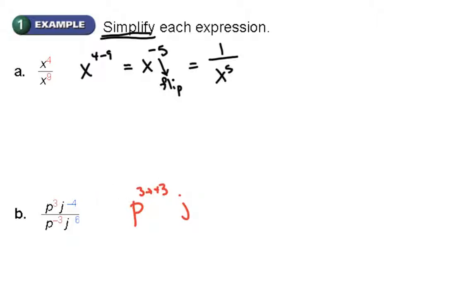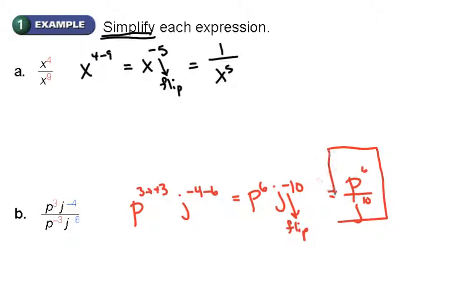Negative 4 minus 6. So we have P to the 6th, and we have J to the negative 10th. Well, this tells us we need to flip. So we keep P to the 6th in the numerator, and we flip J to the 10th down to the denominator. And there you go.